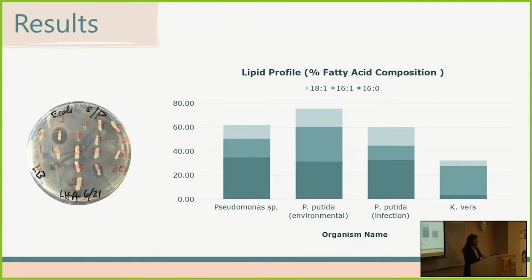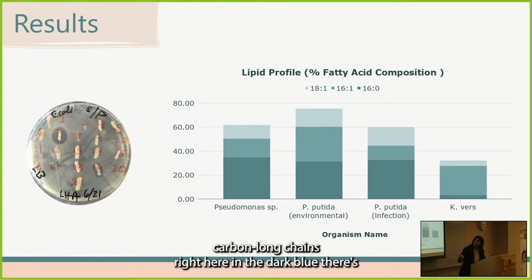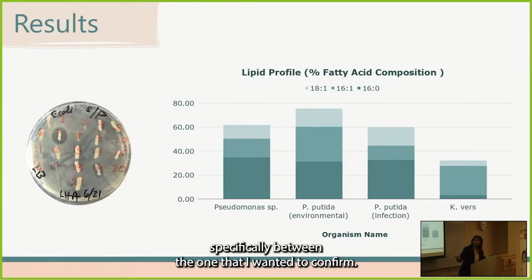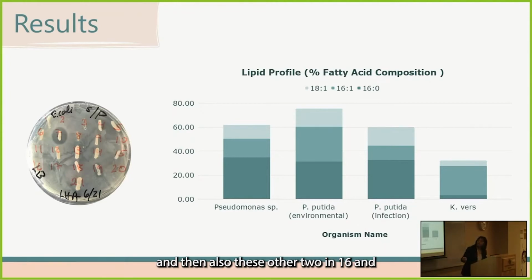And you can see in the levels of the 18 carbon long chains right here in the dark blue, there's strong similarities across the board here with the Pseudomonas, specifically between the one that I wanted to confirm whether it was Pseudomonas and then the infection sample. And then also these other two, both are 16 carbon chains, those are basically the common fatty acids that the lipids share.